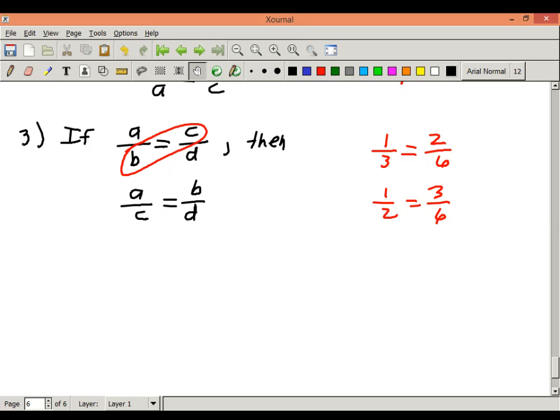And to show you that that really does work, let's start with that same proportion. We have 1 over 3 is equal to 2 over 6. Let's just swap out the 2 and the 3 right here. So we have 1 over 2 equals 3 over 6. And that's a true equation, isn't it? That's a true proportion. So it's just another property of proportions that you might want to use someday.